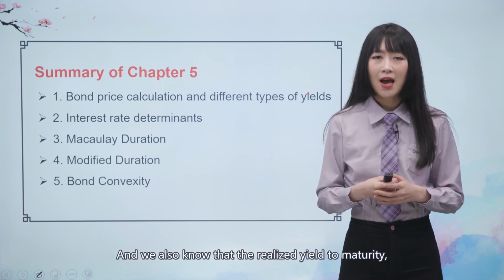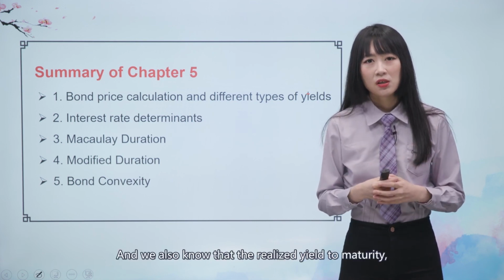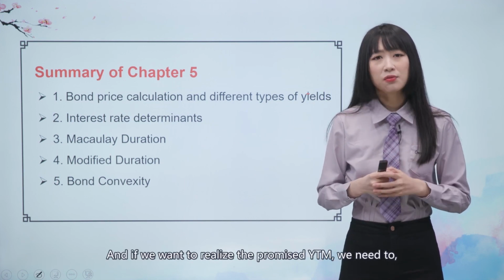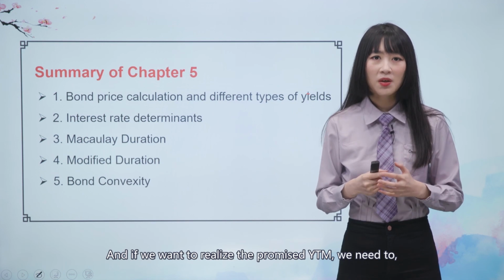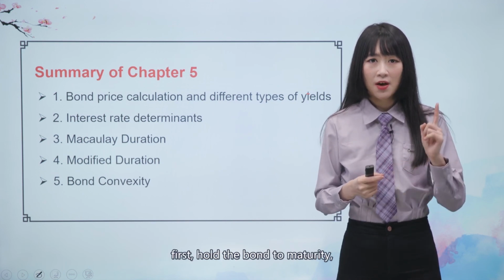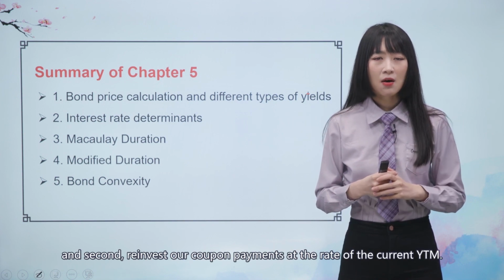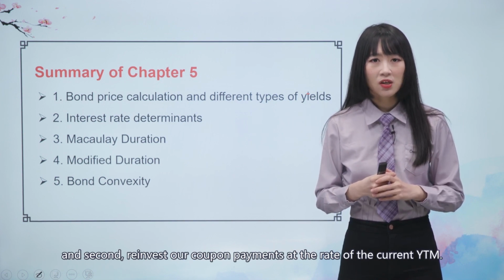And we also know that for the realized yield to maturity, we need to calculate the future selling price, and if we want to realize the promised YTM, we need to first hold the bond to maturity, and second, reinvest our coupon payments at the rate of the current YTM.